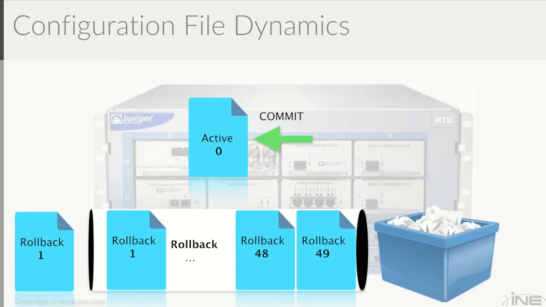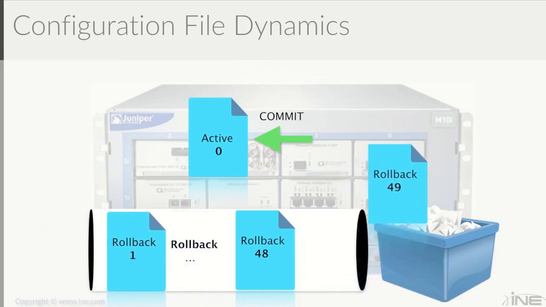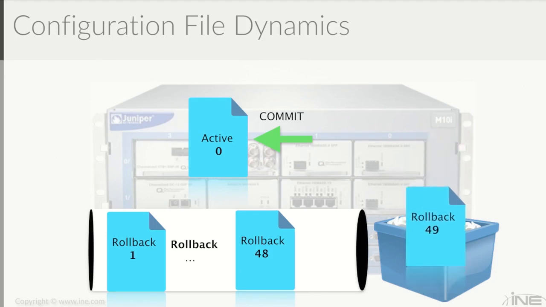Now the rollback 1 that you have just created will replace the previous rollback 1 that was there, and the previous rollback 1 becomes rollback 2. That rollback 2 configuration will push the previous rollback 49 and will drop rollback 49 into the virtual garbage bin, the virtual trash bin.